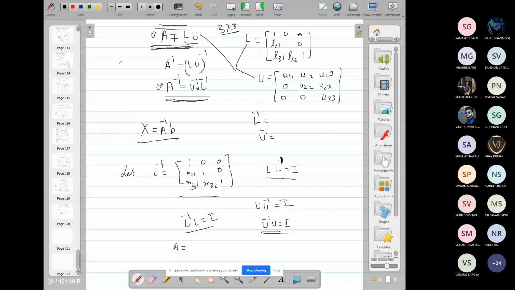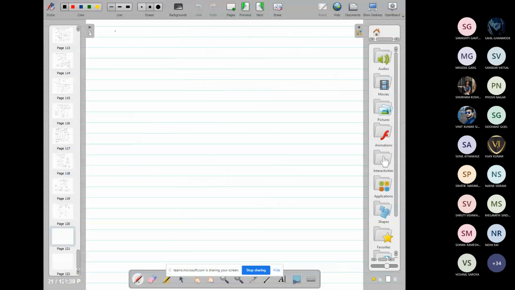express A as a product of L into U. But if A is real symmetric and positive definite both, then we can write A as follows.